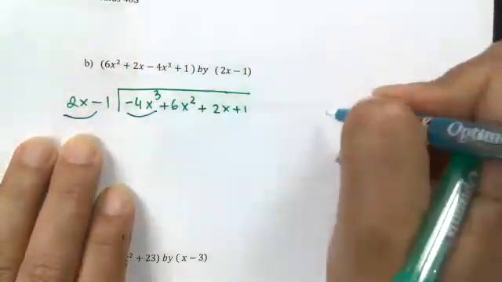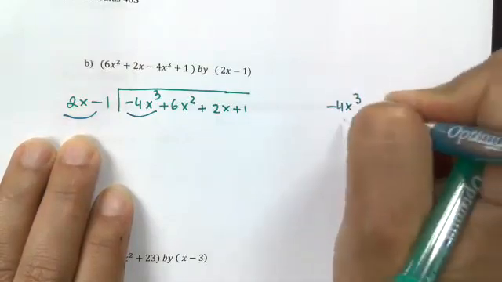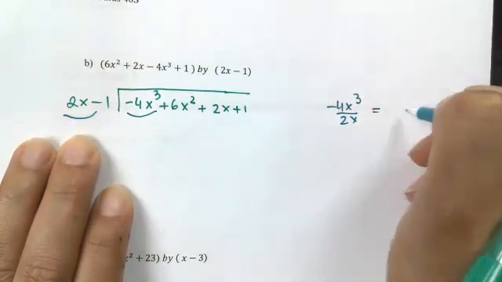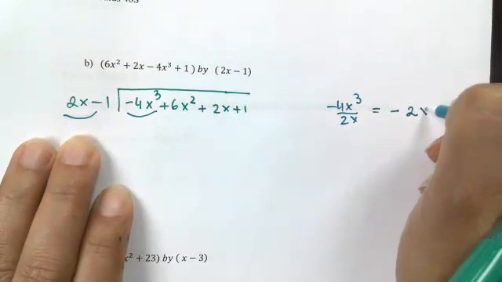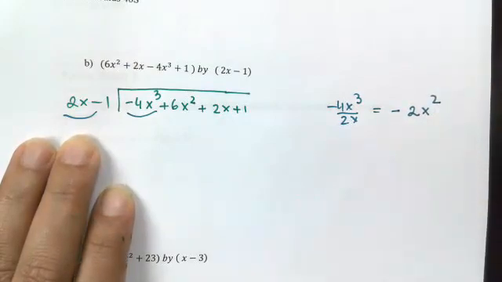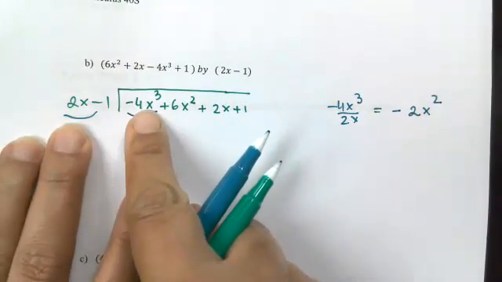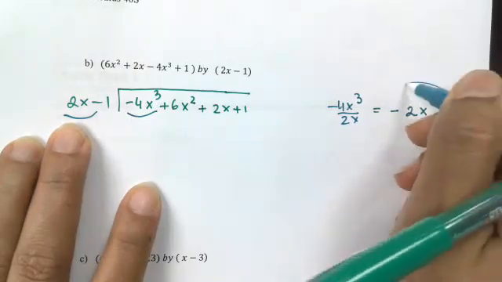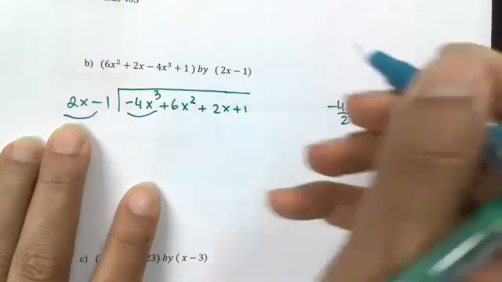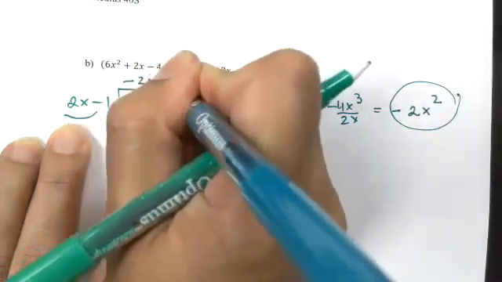Side calculation, negative 4x cubed divided by 2x, we get negative 2x squared. Everybody clear with that? This divided by that. This answer is the first term of our quotient.